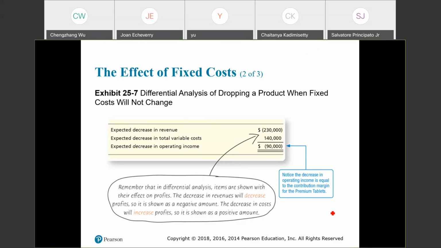If the company drops the premium tablets, it will lose $90,000 contribution margin. So as you can see, one thing that we need to consider is the expected decrease in revenue.